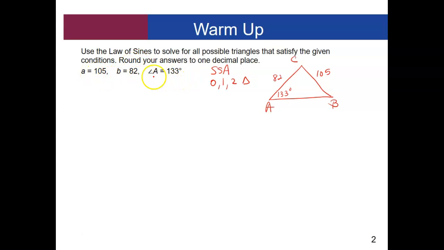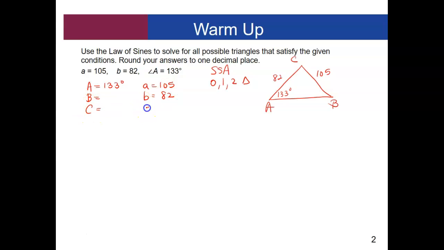So when I look at this, I like to organize my information. I've got angle A is 133 degrees and side A is 105. Angle B we don't know. Side B is 82.